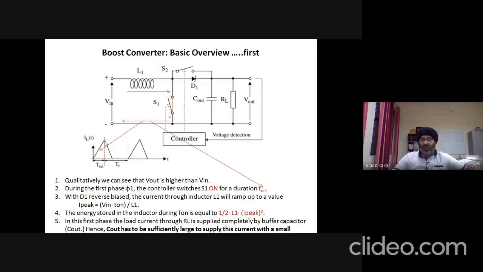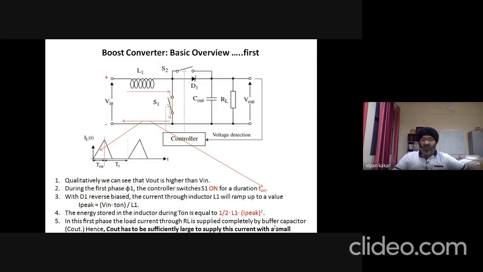And as we know from the characteristics of the inductor, the energy stored in the inductor is half the value of inductance L1 multiplied by I peak squared, the total current in this inductor. So half L I squared.